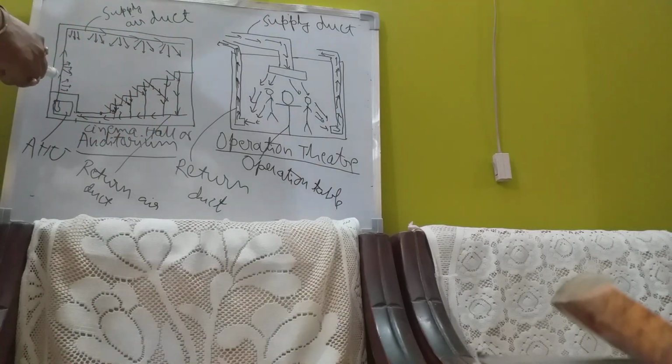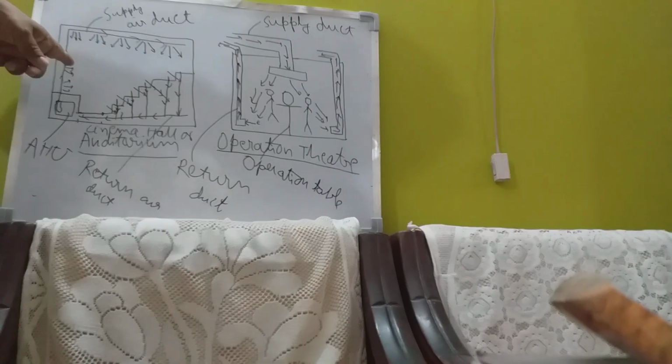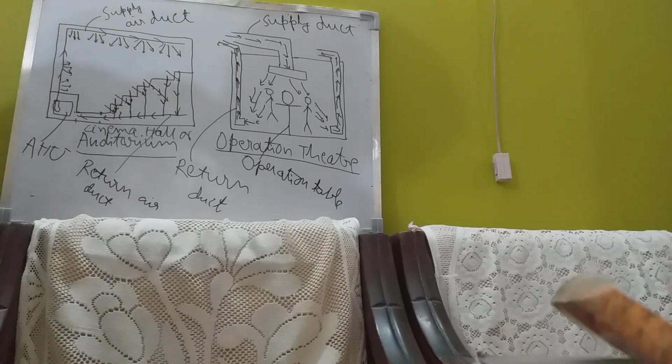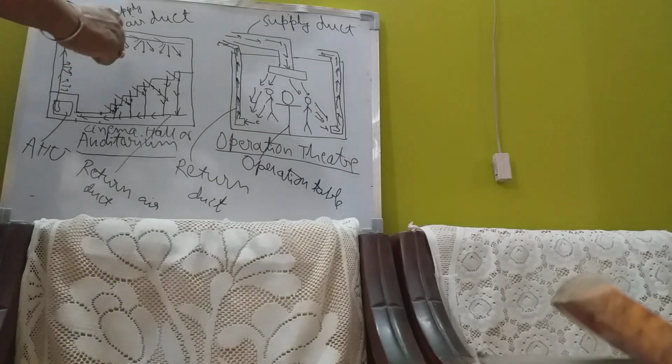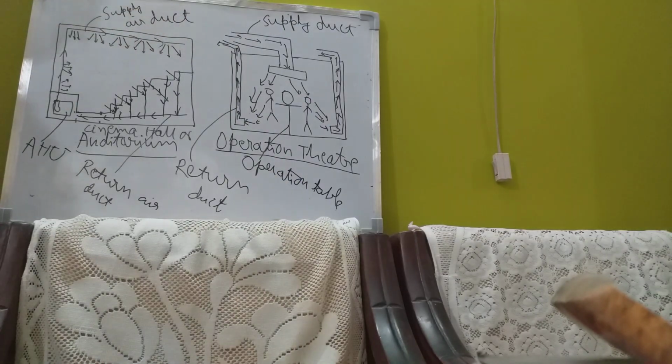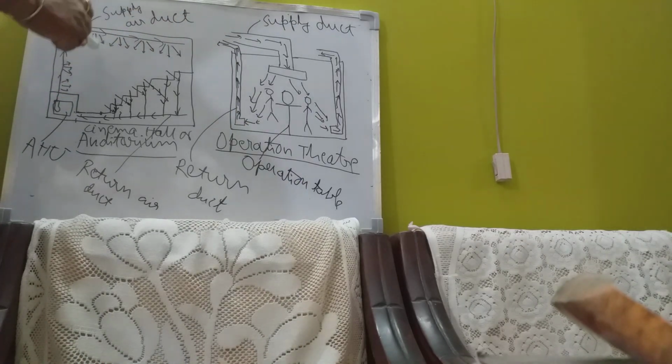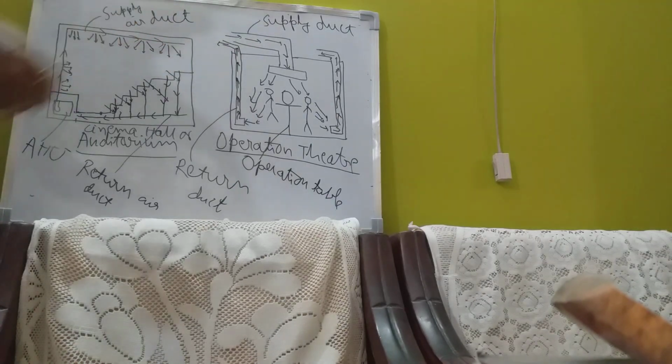So in this case, through the grills, the air is being supplied to this arena, to the stage. People get chilled. Then it comes here and supplies air at different locations. Here is the maximum height, but this is compensated by the minimum height here.